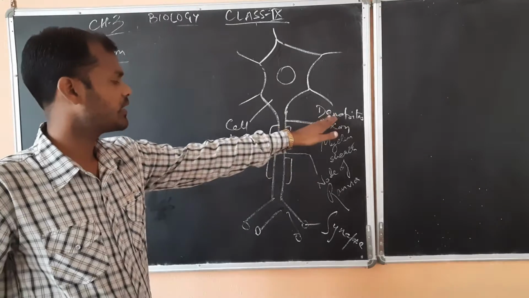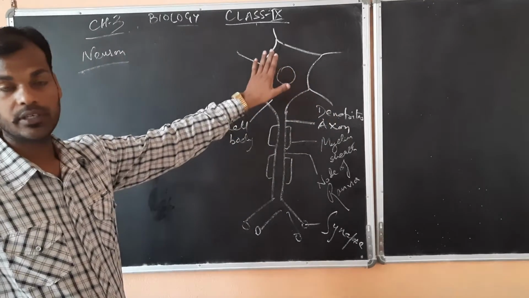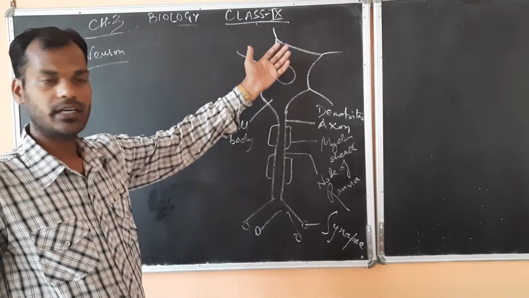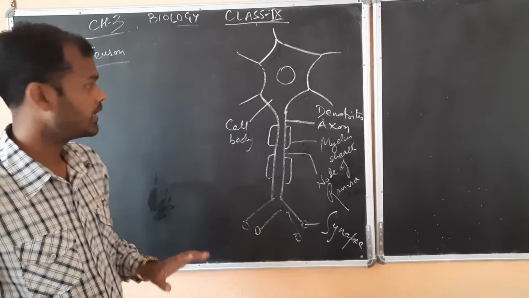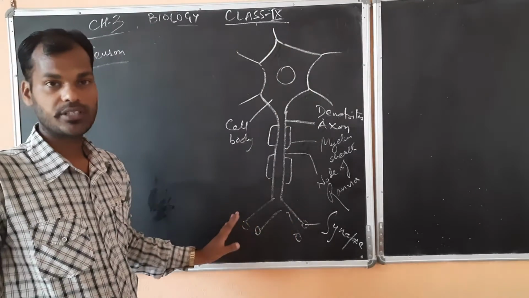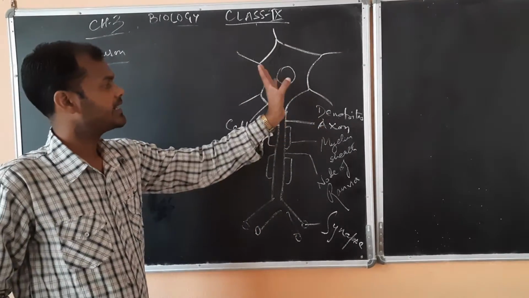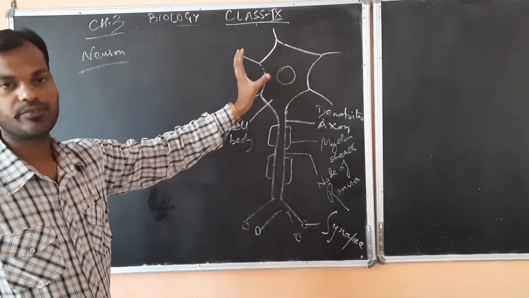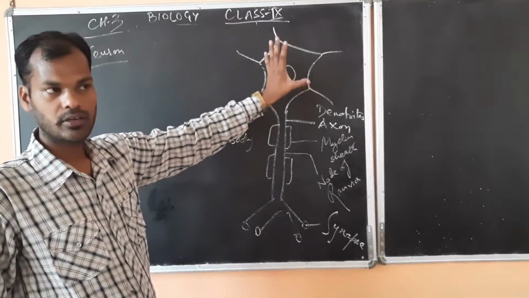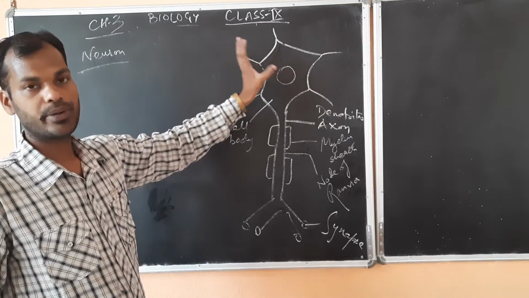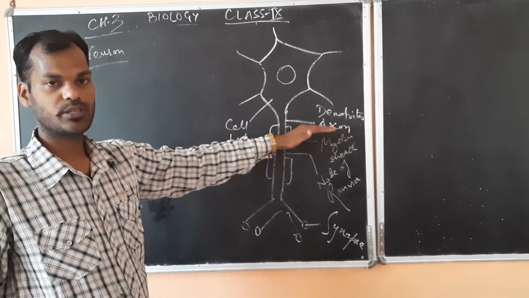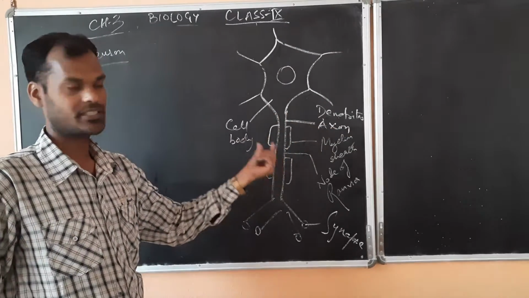Dendrites help in the collection of impulses from the brain or other neurons. The approximate length of this neuron is 1 meter. The dendrites help in collecting information, receiving the impulses from the neuron or the brain. Axons are responsible for transmission of impulses.